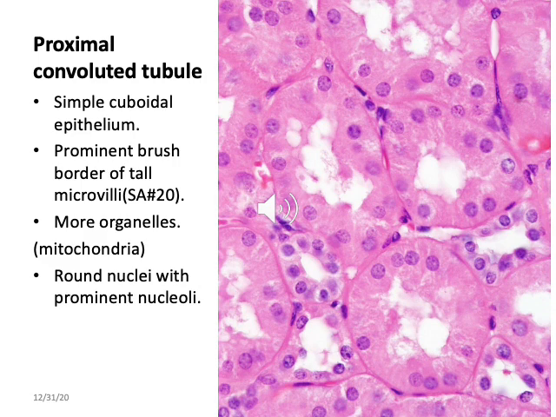The proximal convoluted tubule is lined by simple cuboidal epithelium, and these cells have a prominent brush border with tall microvilli, more organelles, and round nuclei with prominent nucleoli. These microvilli create a large surface area to maximize absorption and secretion.